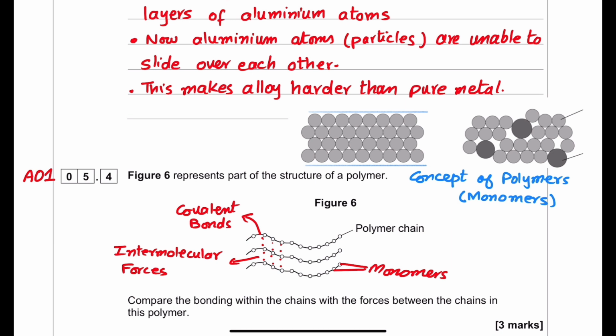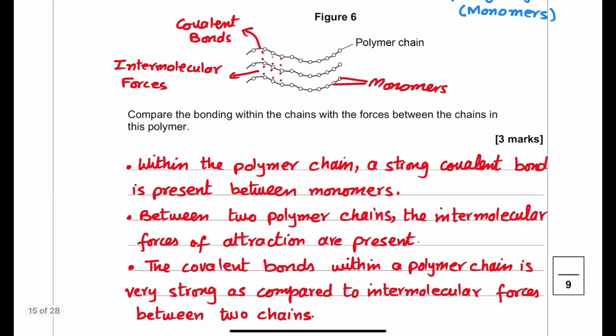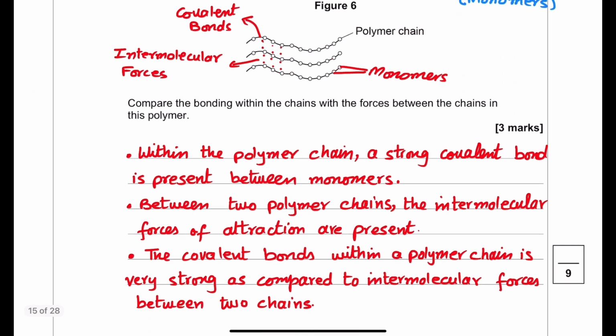Let's see the model answer. Within the polymer chain, a strong covalent bond is present between the monomers. Monomers mean one molecule. Between two polymer chains, the intermolecular forces of attraction are present. This is one chain and this is second chain.